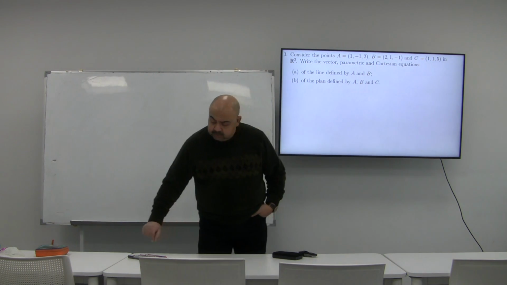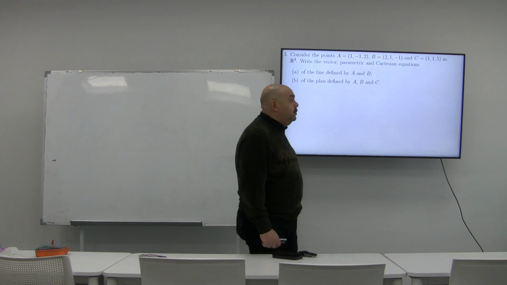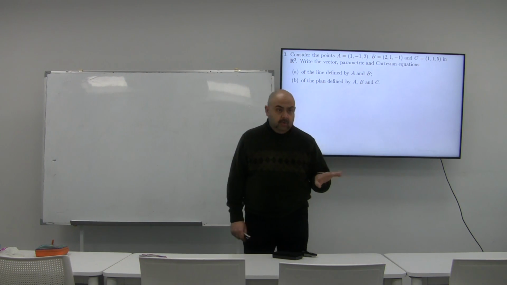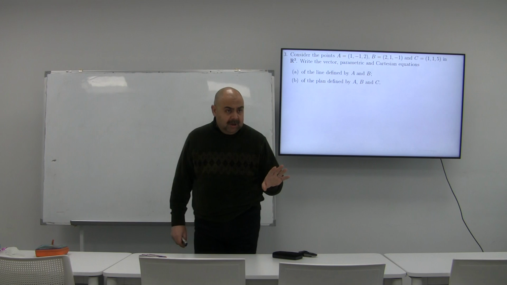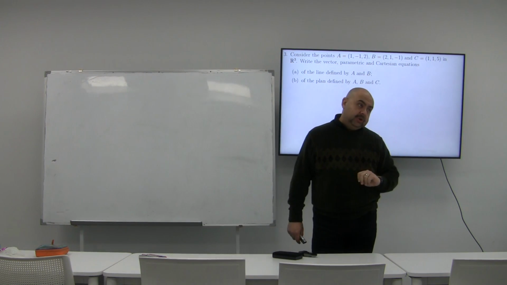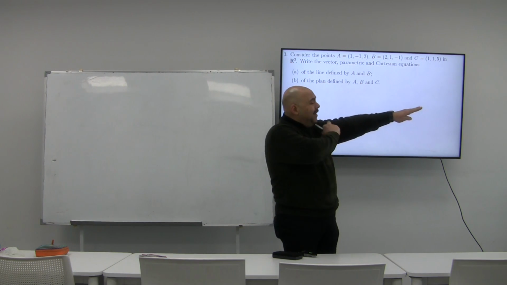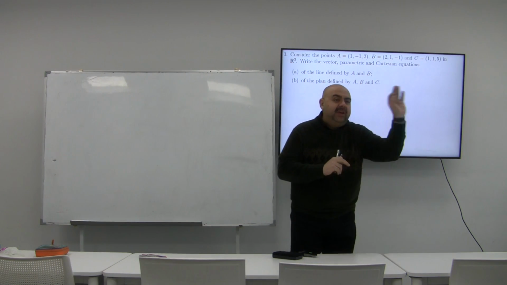In order to write such a thing, you will have to remember that for each straight line, in order to determine its equation, it's enough for you to know just 2 things about it: just 1 point on this straight line and a vector in its direction.